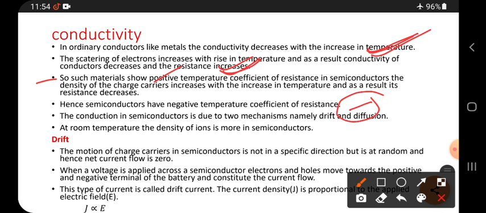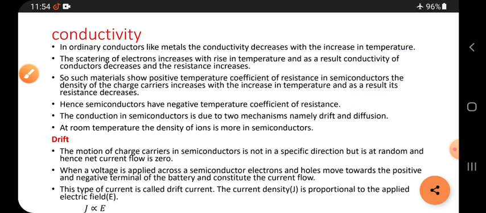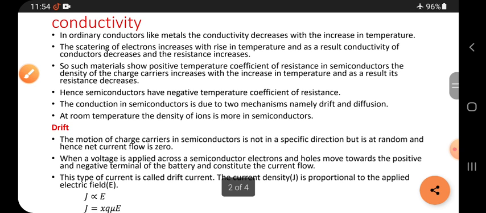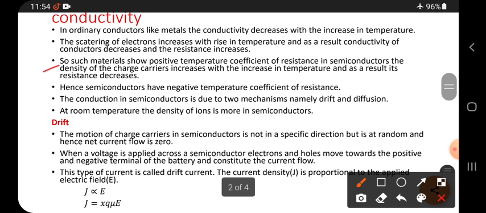Minus indicates decrease. But here, when temperature increases, resistance also increases, so it is a positive temperature coefficient.